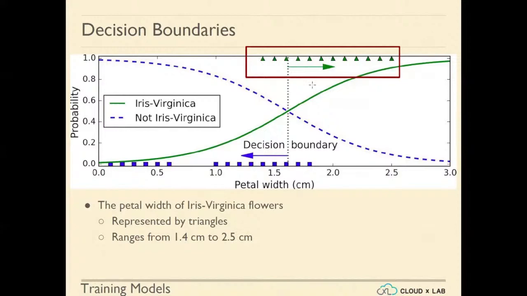Now, as you can see, this classifier is making wrong predictions for these three cases. For this flower, and for this flower, the classifier is making a wrong prediction. Clearly, these three inputs belong to the Virginica class, but the classifier is classifying them as the other class, not Virginica.